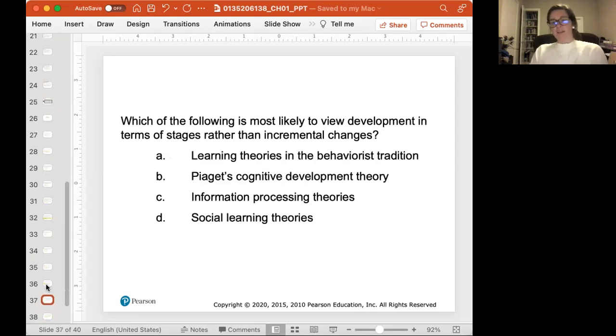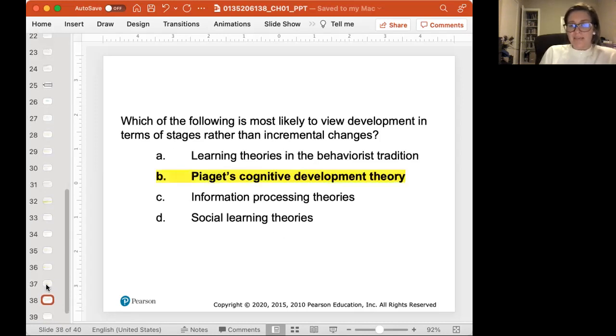Which of the following is most likely to view development in terms of stages rather than incremental changes? Learning theories, Piaget's cognitive development theory, information processing theory, or social learning theory? A, B, C, or D? B, Piaget's cognitive development theory.